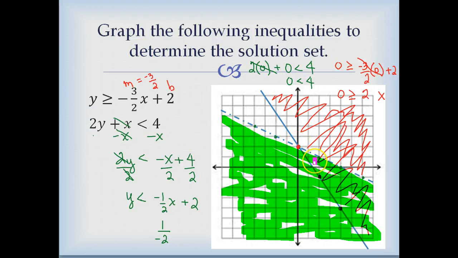I can't really do that very well in PowerPoint, but if you're doing this by hand, or if you did this in a Word document, explain to me that the dark pink area is my final solution set. Okay? So the final solution is where the two overlap. So I hope that helps. Good luck on your test.